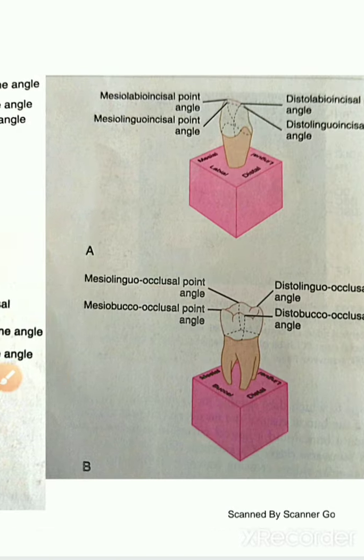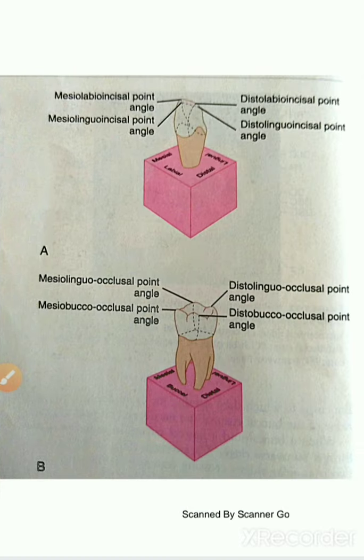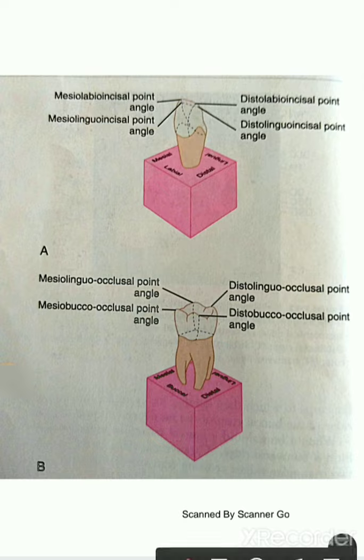And the point angles for posterior teeth are the mesiolinguo-occlusal point angle, and this will be the mesio-occluso-buccal point angle.